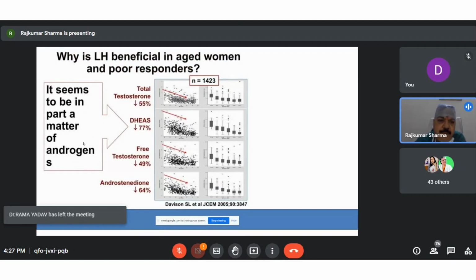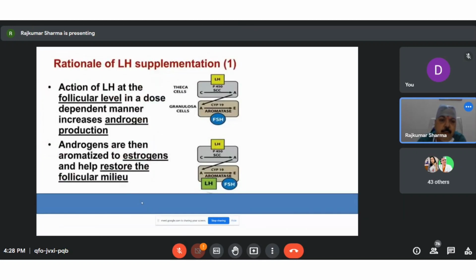So why is LH beneficial in these patients? Possibly because of the androgen. As the woman ages, total testosterone level decreases by 55%, DHEAS level decreases by 77%, free testosterone level decreases by 49%, and androstenedione decreases by 64%.